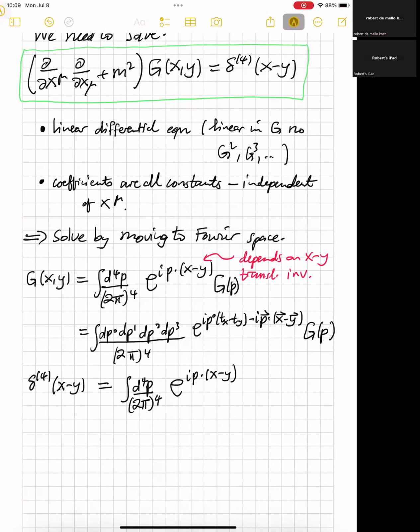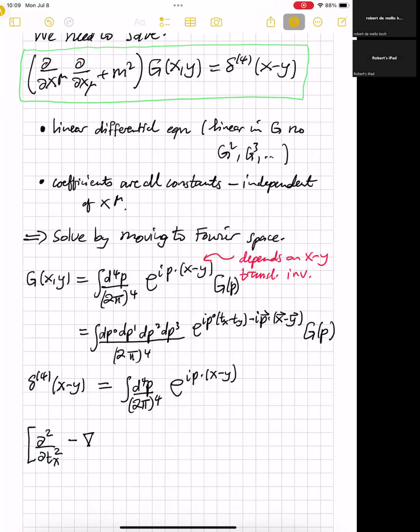Good. Now what we want to do is actually apply our differential operators. We want to rewrite the green box using these two Fourier representations. So what is this green box? We've got d mu, d by dx mu, d by dx mu. Let's write this out explicitly. There's a d2 by dtx2, so we want to differentiate with respect to tx twice.